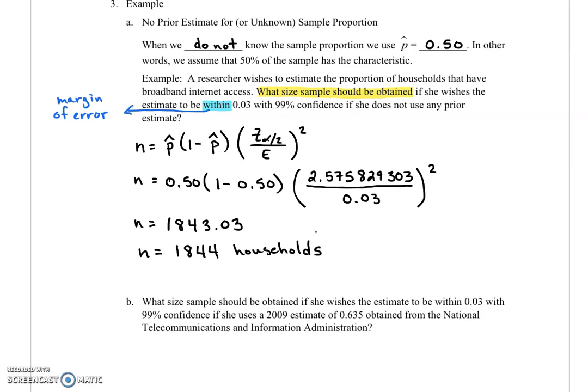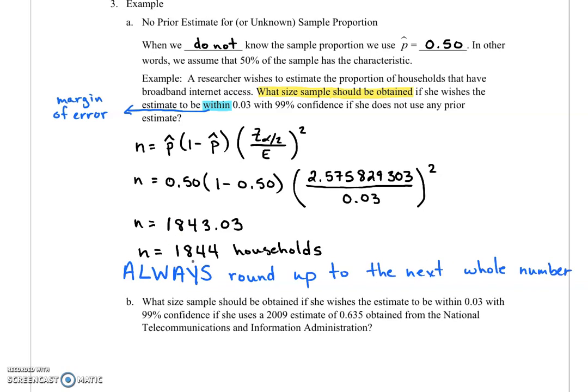Now, some of you may be saying, wait a minute, if you round that to a whole number, it should round to 1,843. You are absolutely correct, but when we're doing the minimum sample size, we always round up to the next whole number. Unless we get an exact.